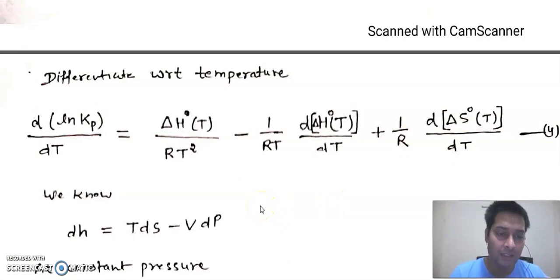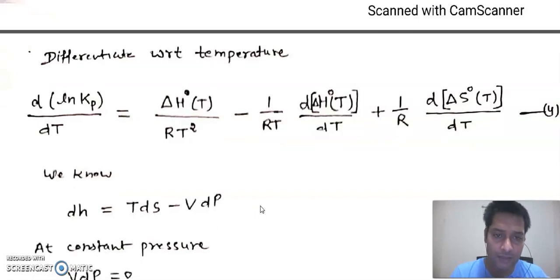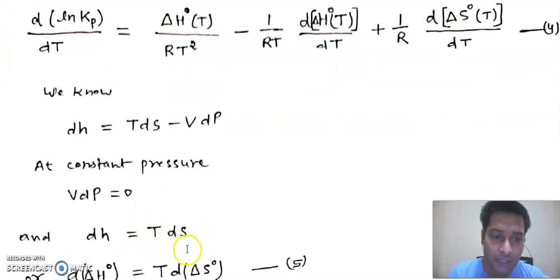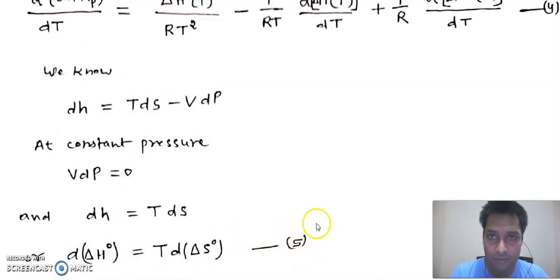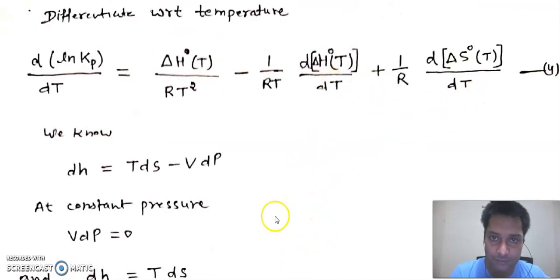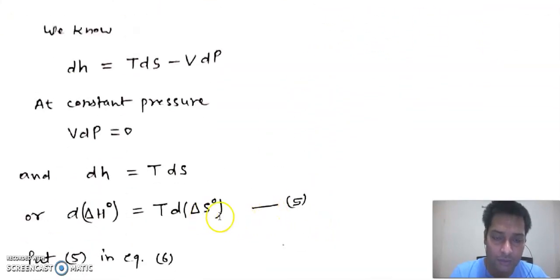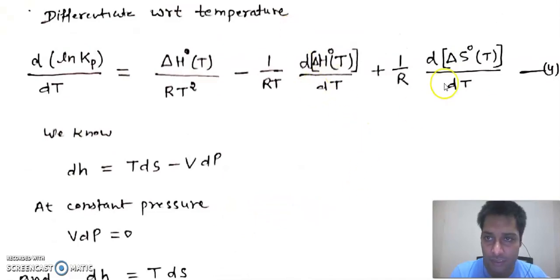Now the change in enthalpy is TdS plus VdP. At constant pressure dP will be 0, so dH will be equal to TdS. In standard form, the standard enthalpy change will be equal to T times the standard entropy change. So put this equation 5 in equation 4. These two terms will cancel out.